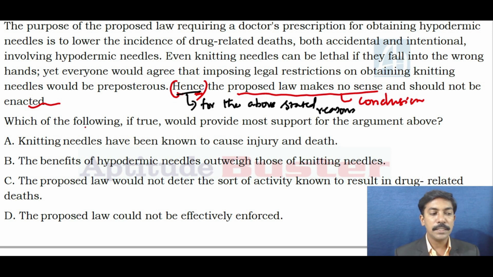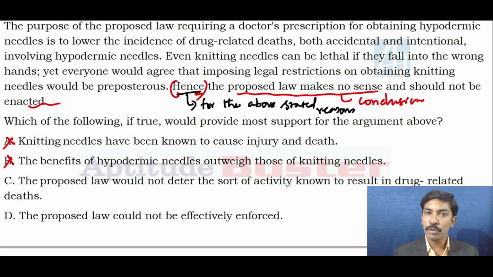The moment you understand the claim concerns the law and not the content of the law, you can easily eliminate option A and option B, because both the options do not deal with the law, rather they deal with the content. They talk about the knitting needles and hypodermic needles. So we are very sure option A and option B are not the right choices because they nowhere talk about the law.